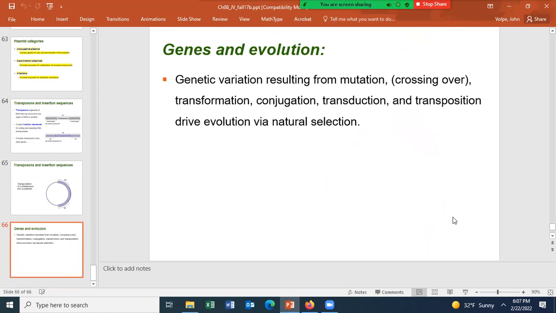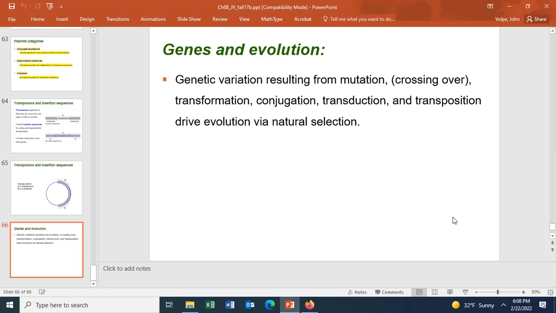All right, so the last topic we need to talk about are genes and evolution. All new genetic variation that arises in a population has to come from mutation, meaning if the genetic variation for that gene did not exist previously, then the only way it can enter the population is through spontaneous mutation.